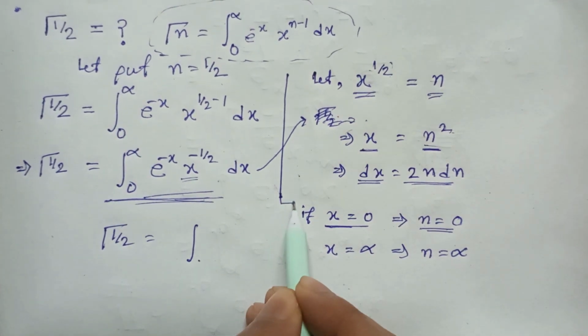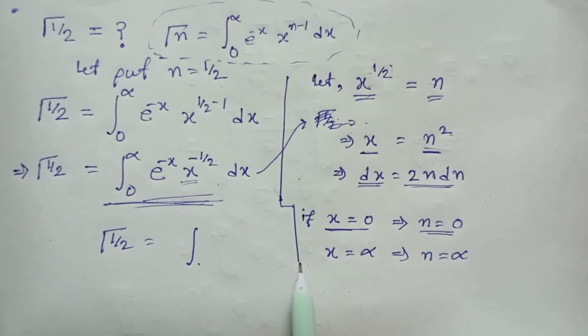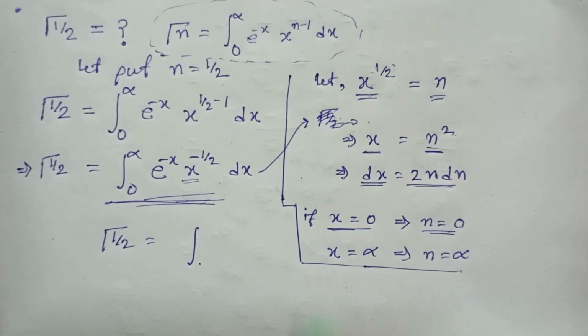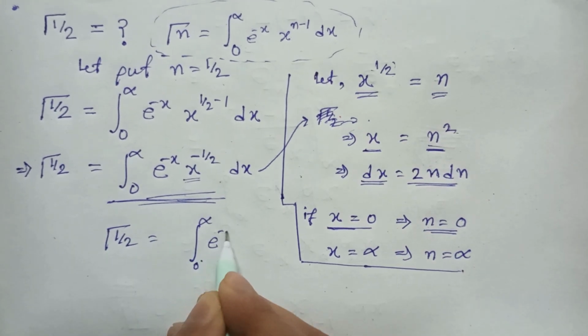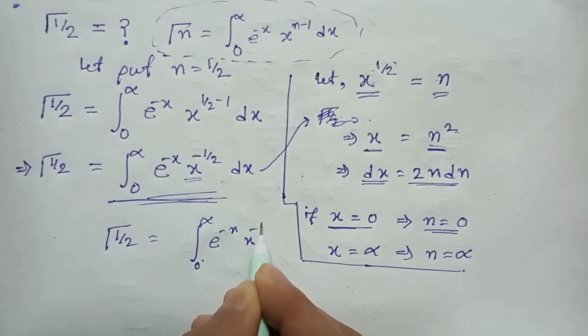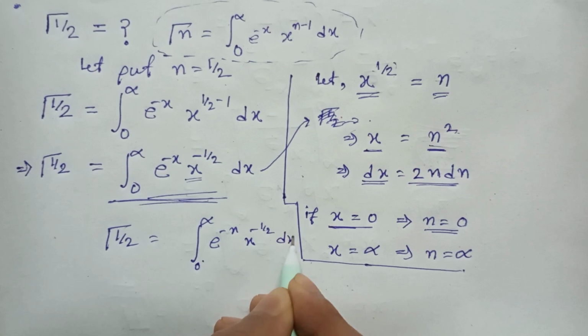Now the integral from 0 to infinity of e to the power minus x, x to the power minus 1 by 2 dx.